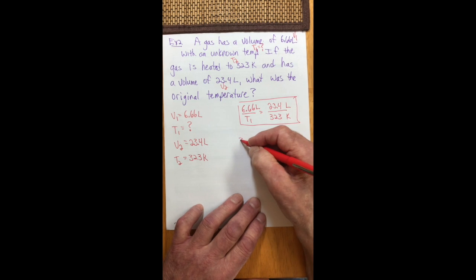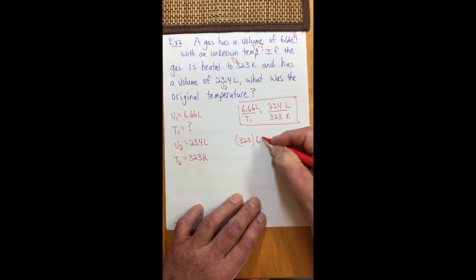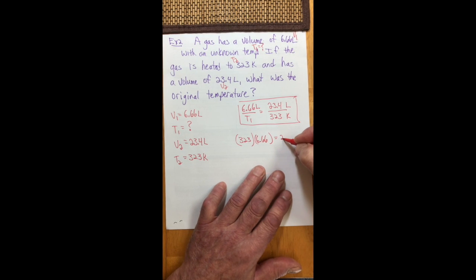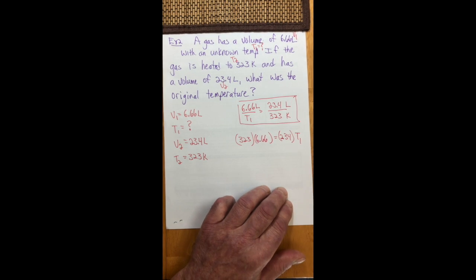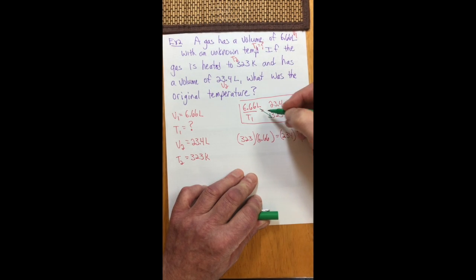So now go 323 times 6.66 is equal to 23.4 times T1. Remember to cross multiply like that and make those equal to each other and then divide it.